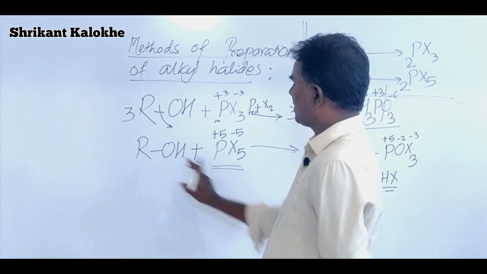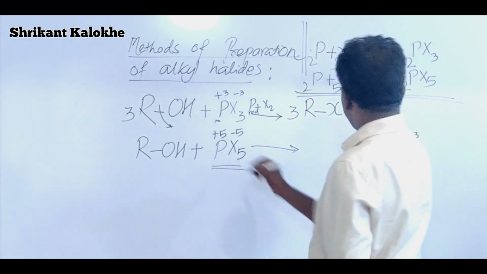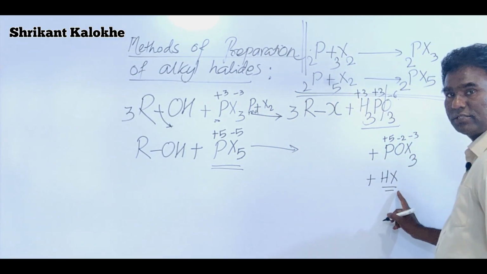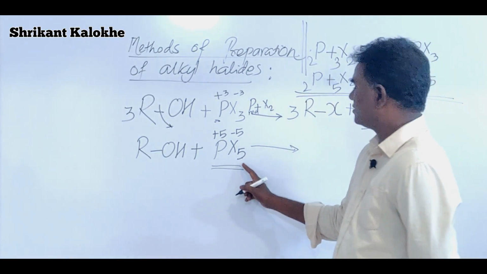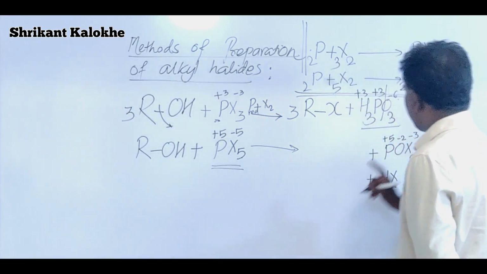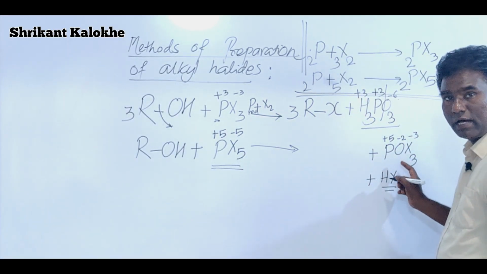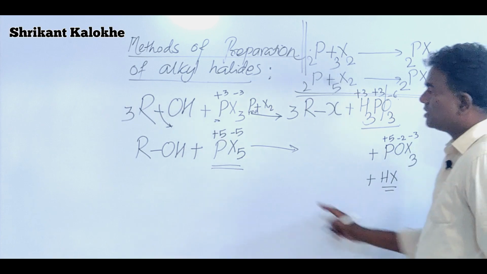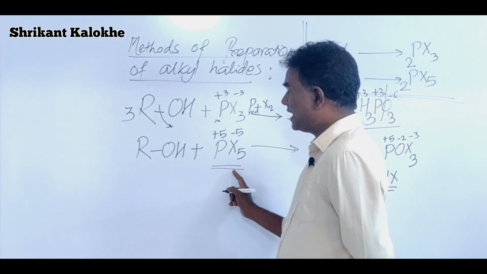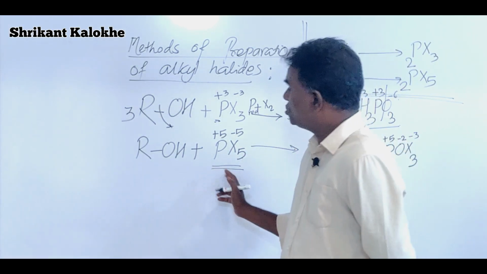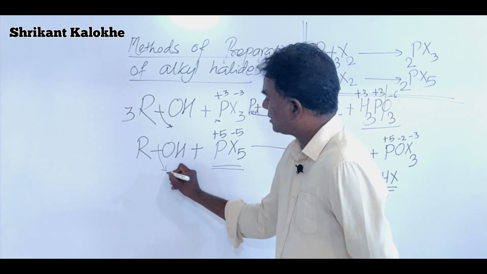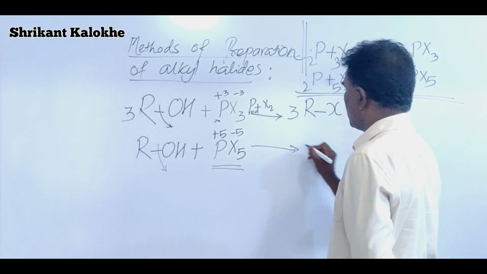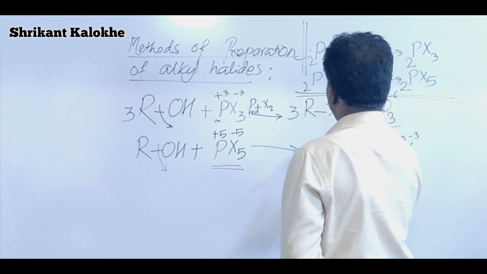Therefore in this reaction only 1 halogen remains. 3 plus 1 is equal to 4. So out of 5 halogens, 4 halogens have entered into side products. Therefore we get only 1 halogen to displace this OH and take its place.